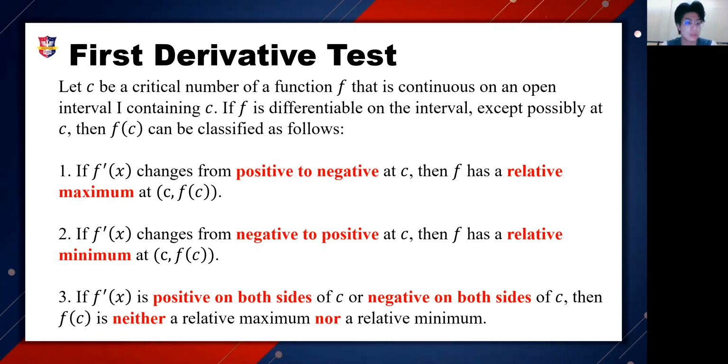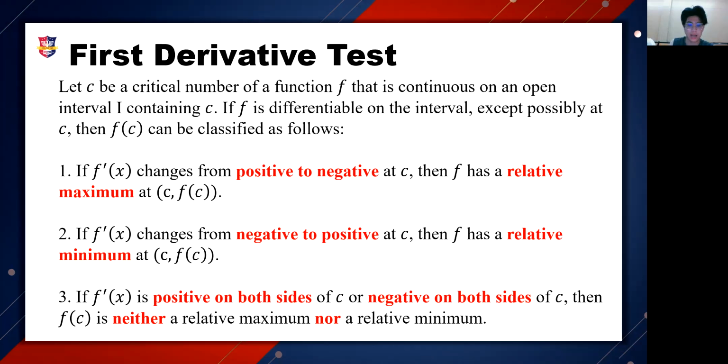If f'(x) changes from positive to negative at c, then f has a relative maximum at (c, f(c)). If f'(x) changes from negative to positive at c, then f has a relative minimum at x = c and y = f(c). If f'(x) is positive on both sides of c or negative on both sides of c, then f(c) is neither a relative maximum nor a relative minimum.